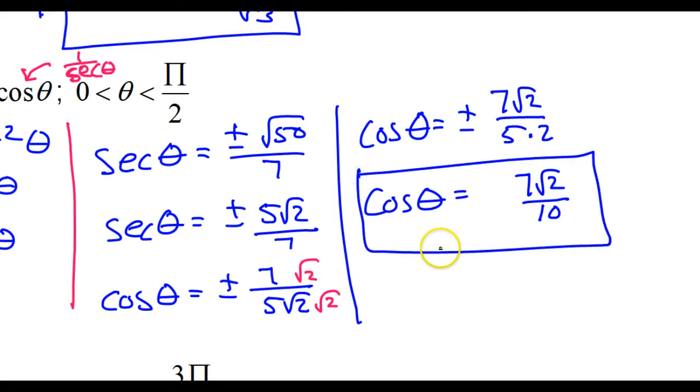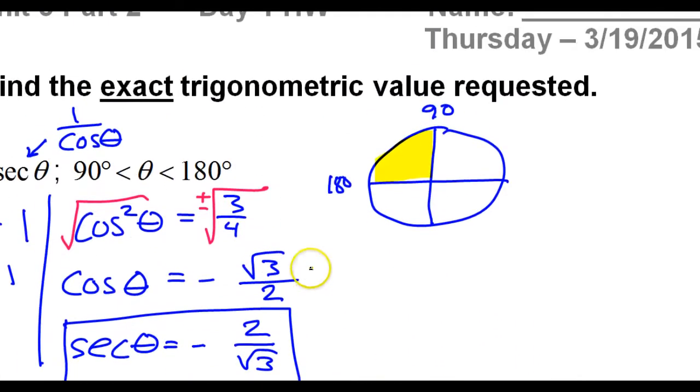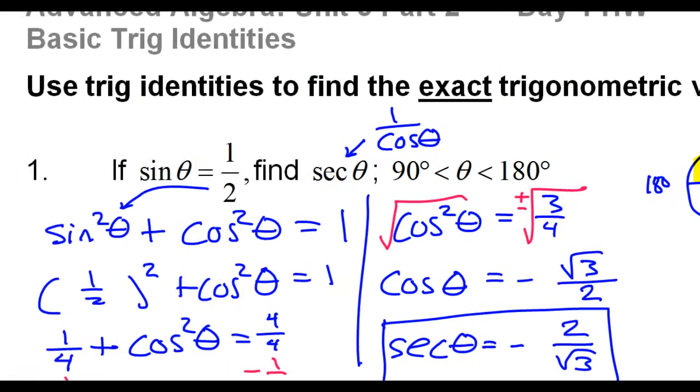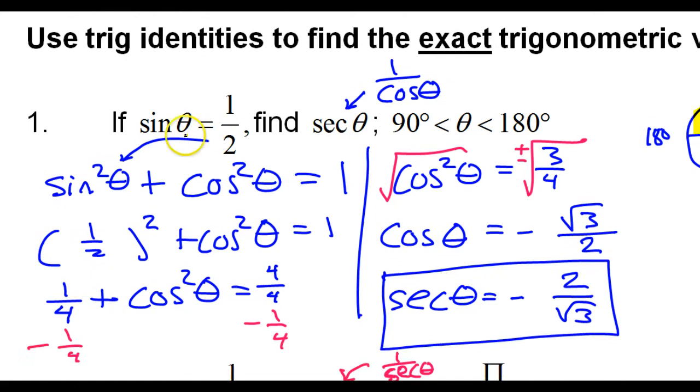So that's long enough for one video. I feel like I need to point out one thing. We're asking you to use trig identities this time. But you might be thinking, wait a minute, didn't we solve problems like this before without using trig identities?